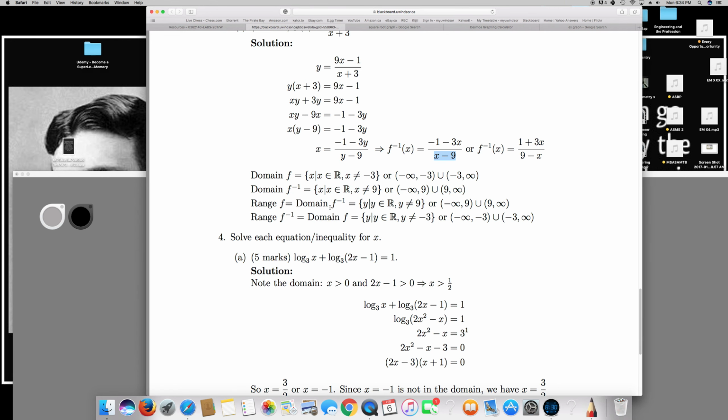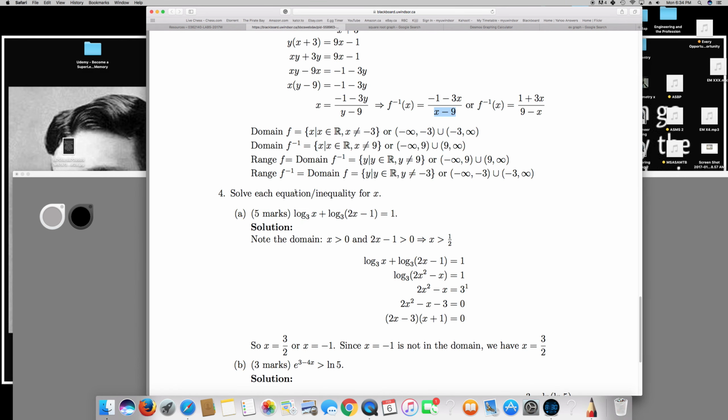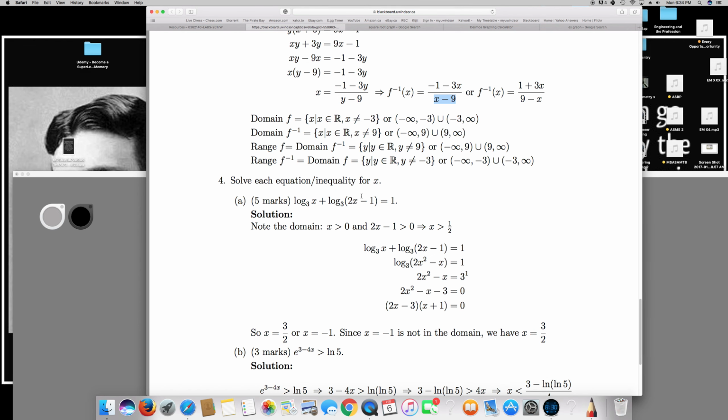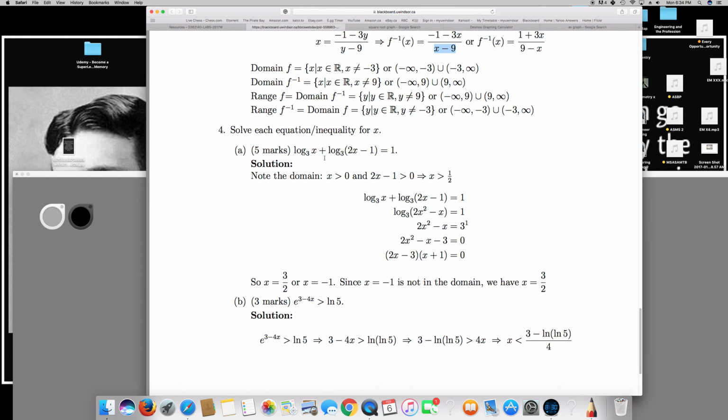Then the final question is to solve each equation or inequality for x. The first question is asking log base 3 of x plus log base 3 of 2x minus 1 is equal to 1.